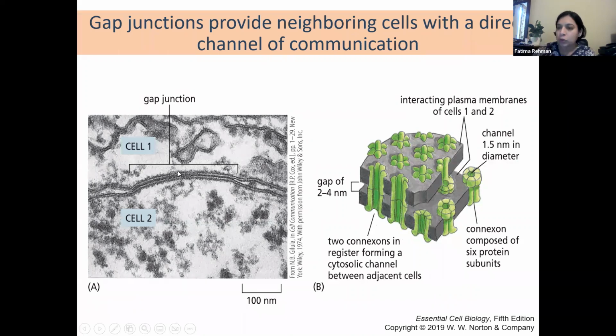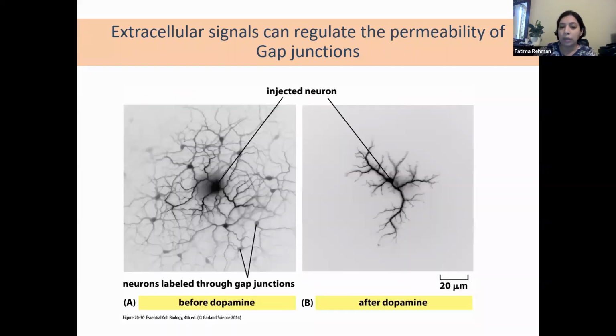These cells are joined together with connections. They are composed of 6 protein subunits coming together to create this 1.5 nanometer pore-like structure or channel that can then help to exchange cytoplasmic fluid and thus transfer information from one place to another.